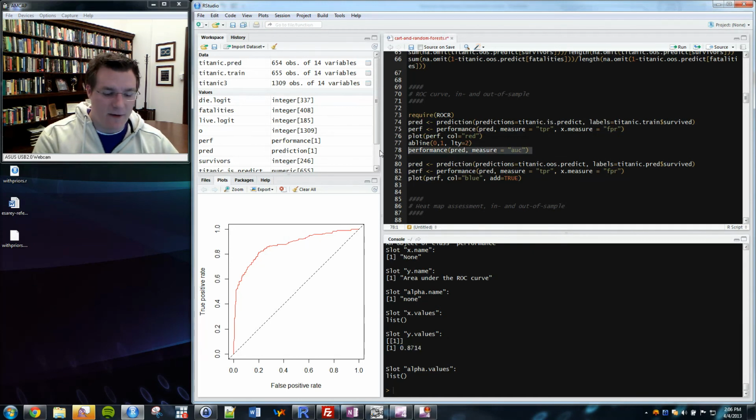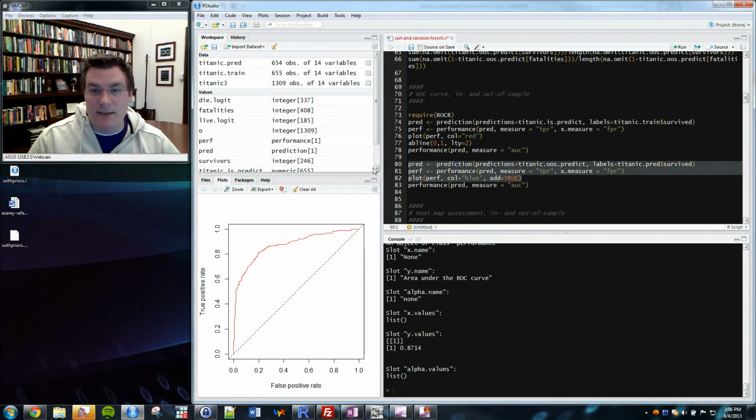Now let's look at out-of-sample performance. So what I'm going to do is just the same thing over again. I'm in fact going to add to this existing plot using the add equals TRUE command on the plot function for ROCR. The only difference is I'm generating the prediction and performance metrics out of the test data set, as opposed to the training data set.